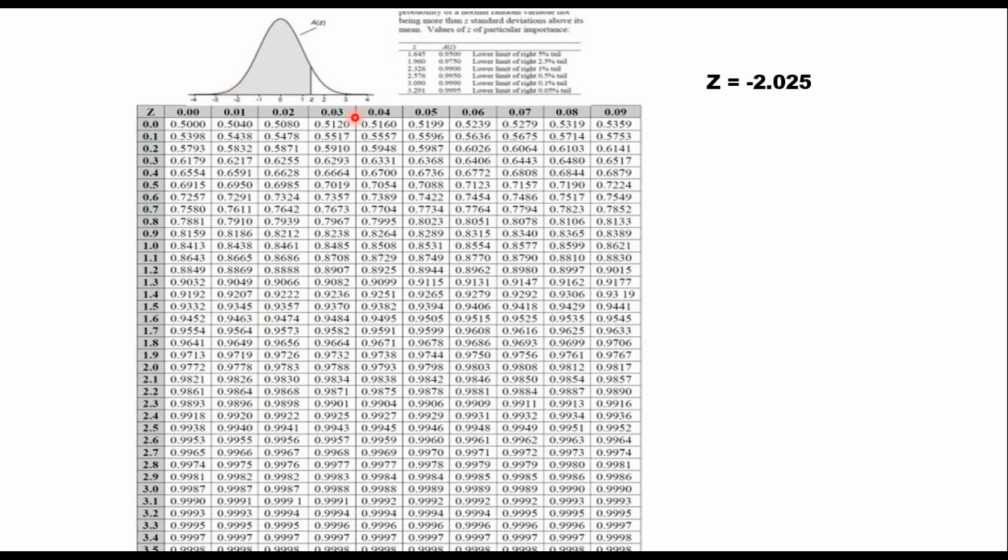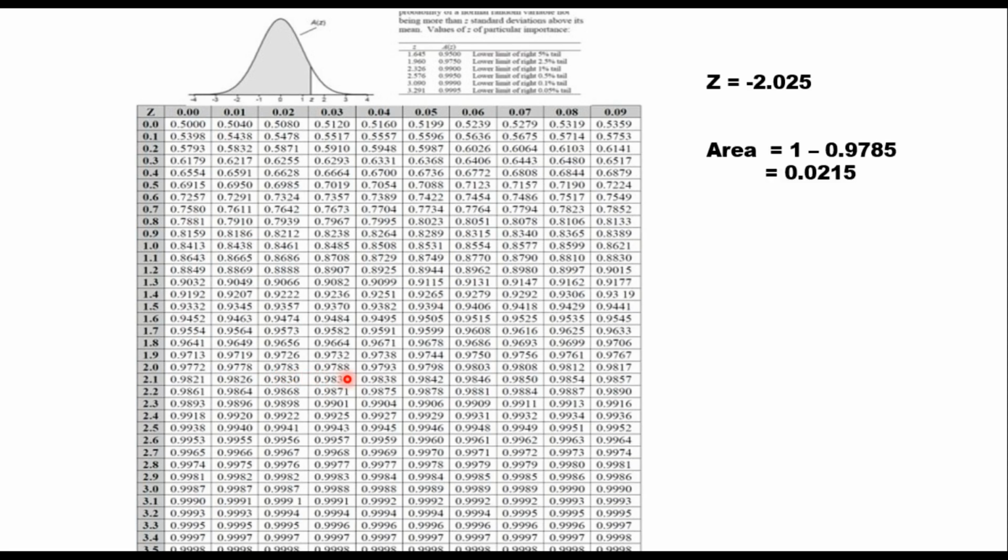If you read the value of 2.025 here, at 2.02 that is 9783. Because you have 5 at the third place, you can interpolate between 02 and 03. So this will be 0.9785, that is the mean of 9783 and 9788.